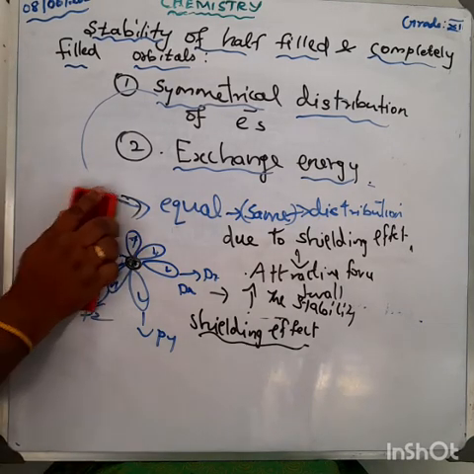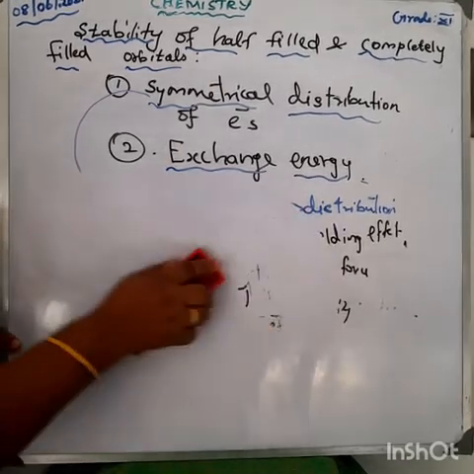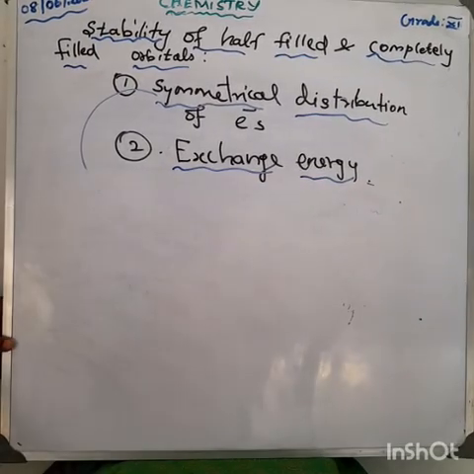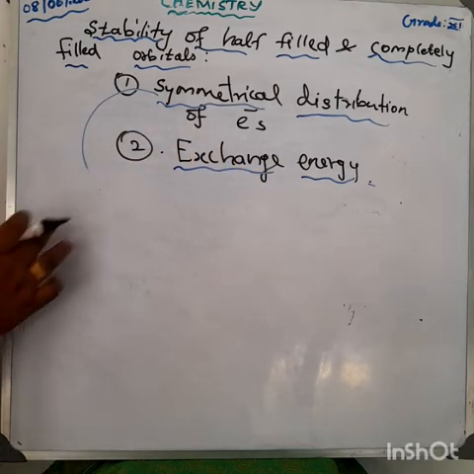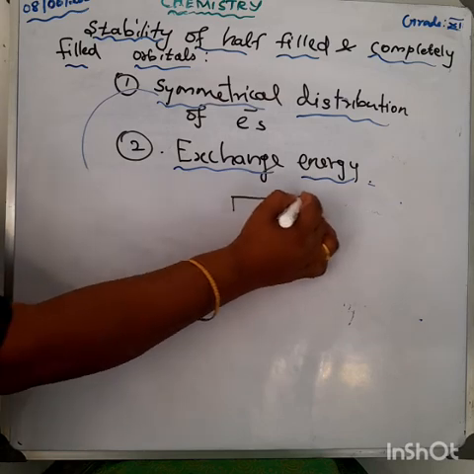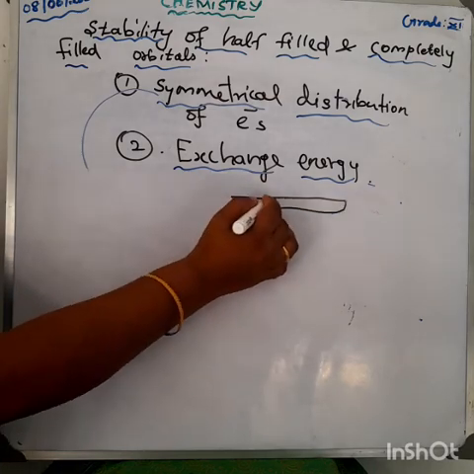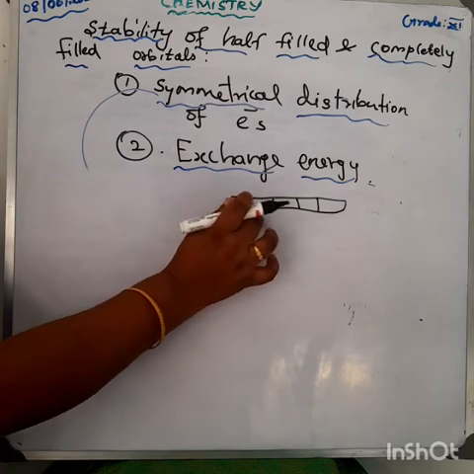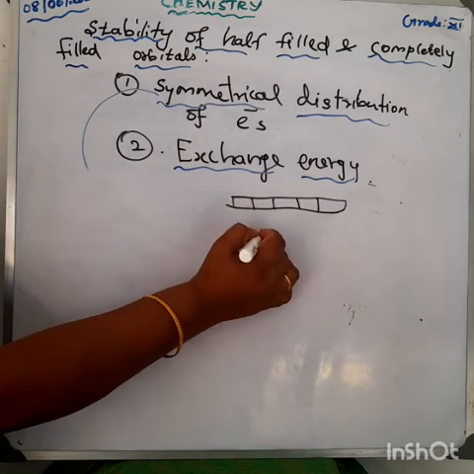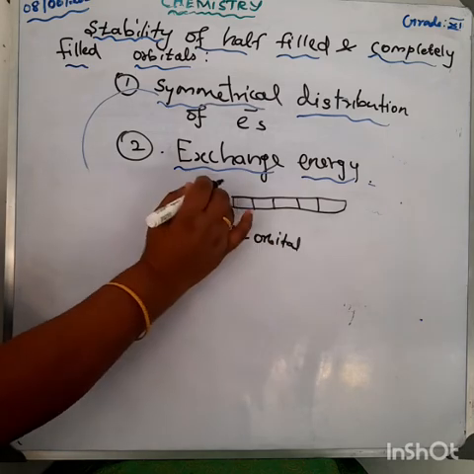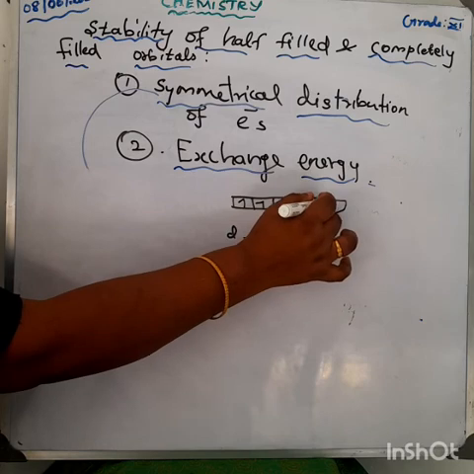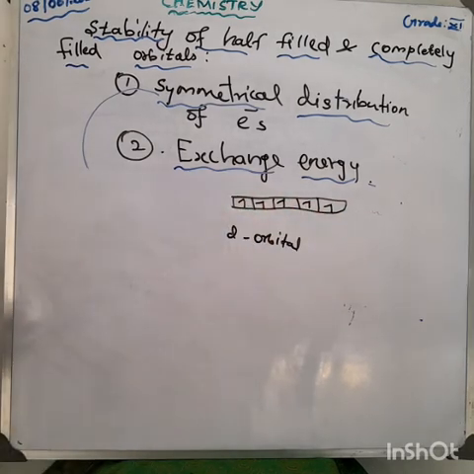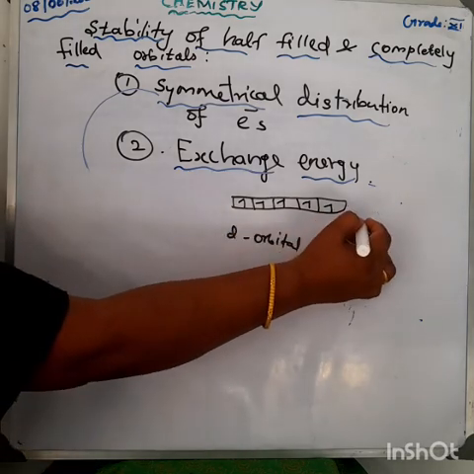Second, we are going to study exchange energy. What do you mean by exchange energy? If we consider a half-filled orbital or completely filled orbitals, I am taking a half-filled d orbital now. In these half-filled orbitals, the electrons can exchange their position within the orbitals.